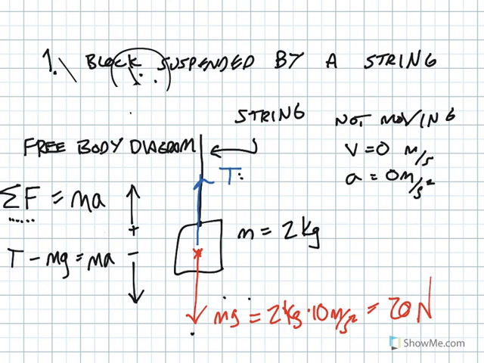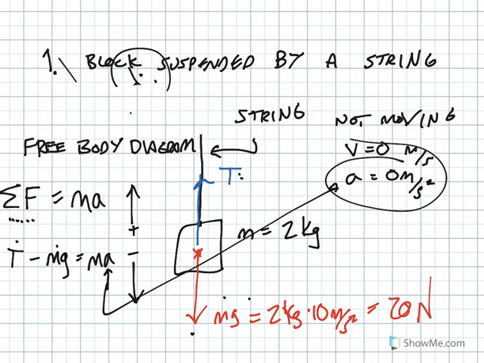And so then how is T related to mg? Well, you already know they're the same. However, it's important. We're going to start simple and then later things will get more complicated. So keep in mind the acceleration of this object is 0. That is the same a over here. It's not going anywhere.